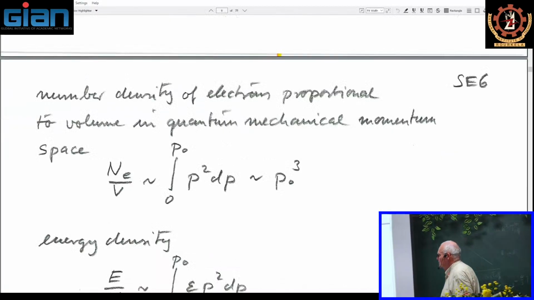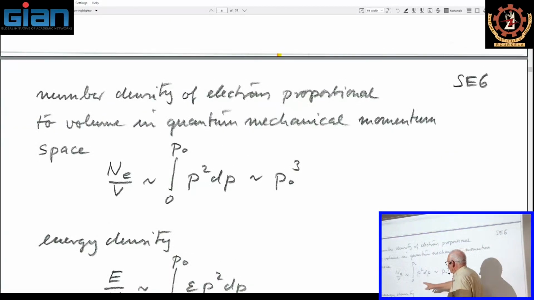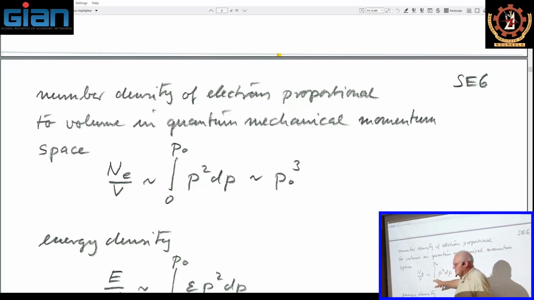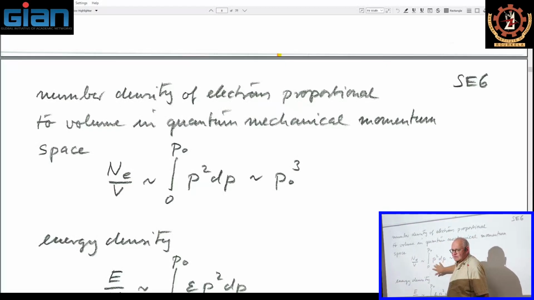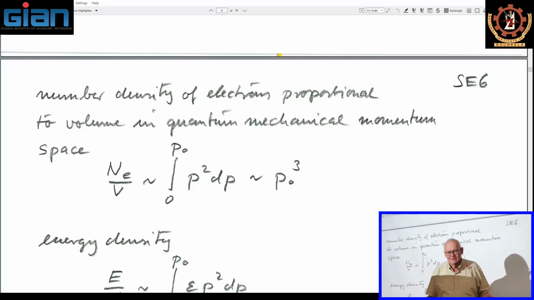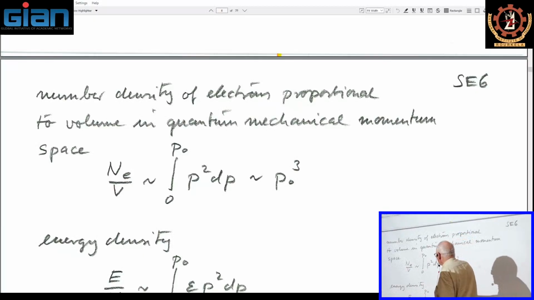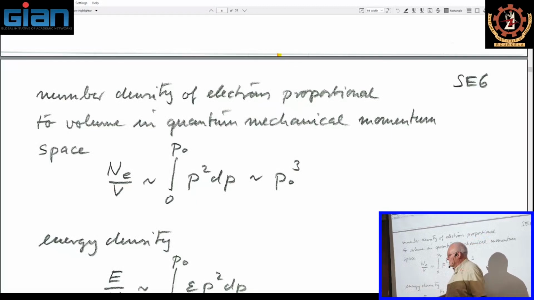The number density of electrons will be the integral over the phase space. This is the phase space volume in spherical coordinates. So we take the phase space in 3 dimensions and take a spherical distribution. No position in phase space is special.